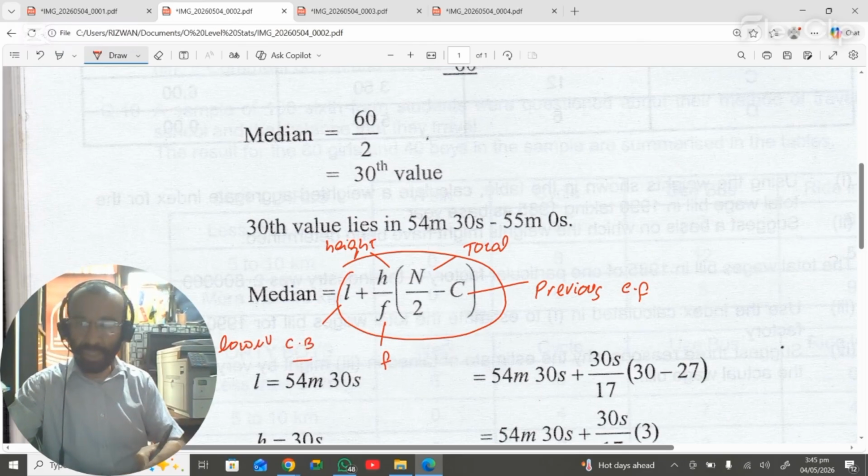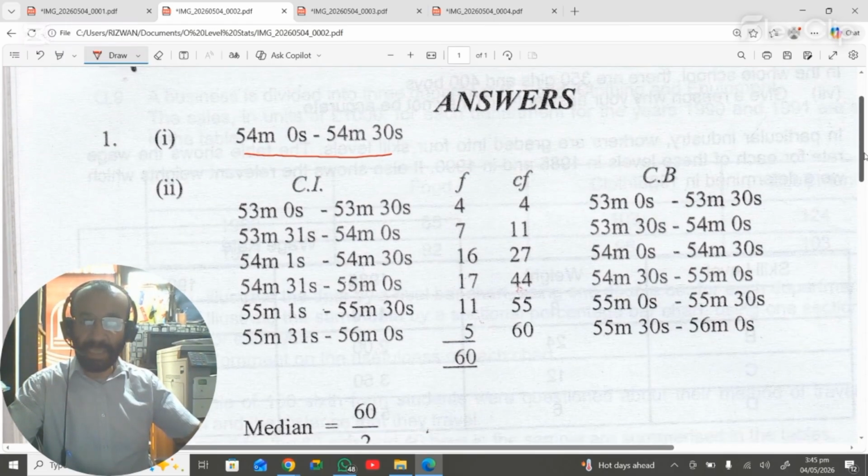So these are the terms which are required now. So first we will make these things complete.